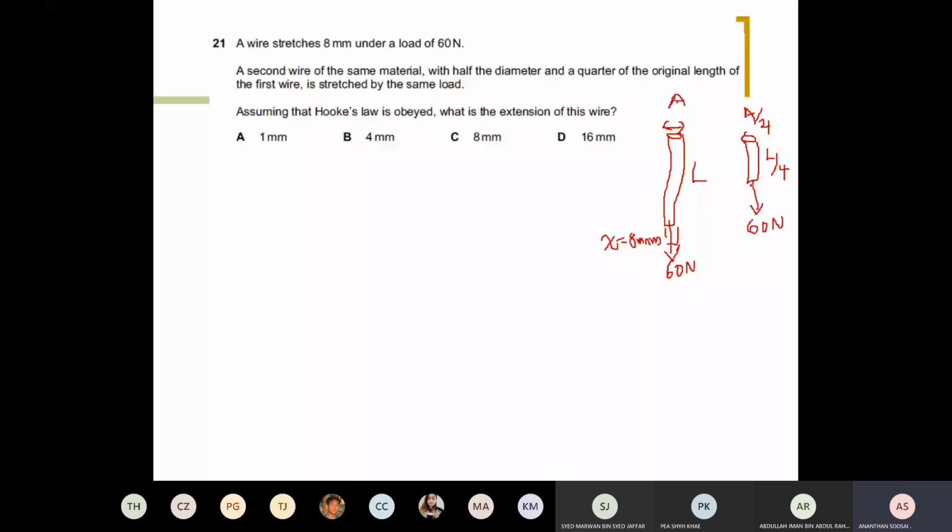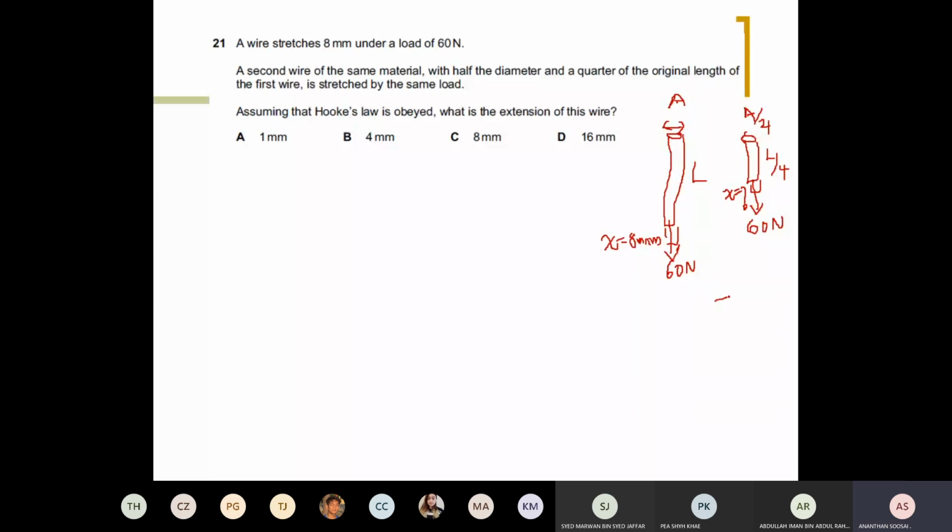They're asking how much the x is here. This is the simplification of the question: a wire with A, L, 60 Newton, extension is 8. Another wire with a quarter A, a quarter L, same load, 60 Newton, what is the extension?